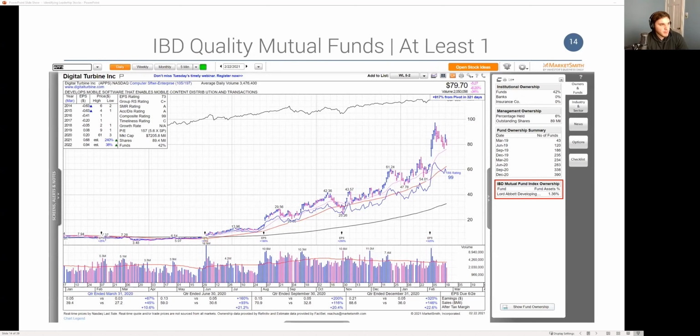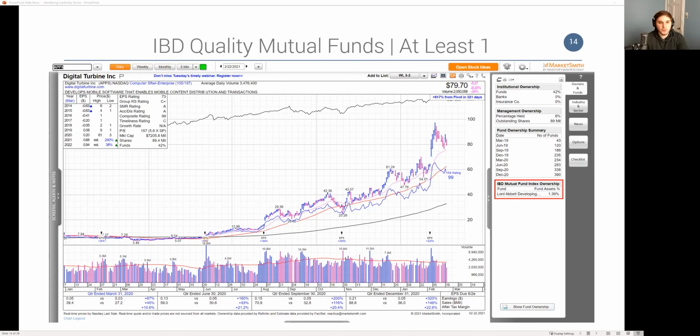Somebody asks, if we get market leaders from the screeners, but the price is either too high or not at a good setup point, how do we handle those situations? Well, first of all, I think the price being too high is not quite the right way to look at it. You want to see certainly a good setup, but just the price being over $100 doesn't mean it can't go to $200, $300, $500.